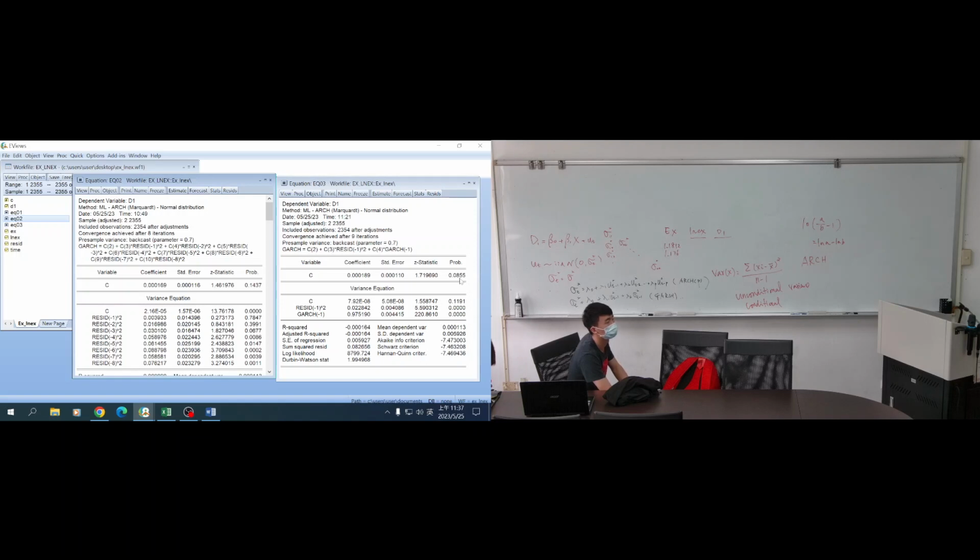In my example, I didn't really consider any of the x variables. If I do consider some x variables, then I should put x variables in, right? Then using OLS to estimate this one, or using the gauge to estimate this one, this coefficient will be different. And by using the gauge, this will be more accurate because it considers the behavior of this.